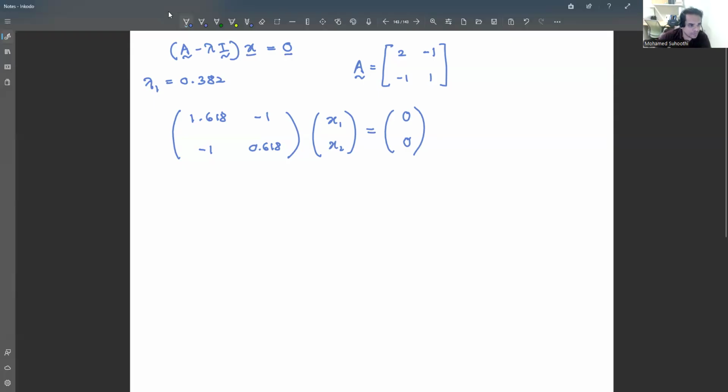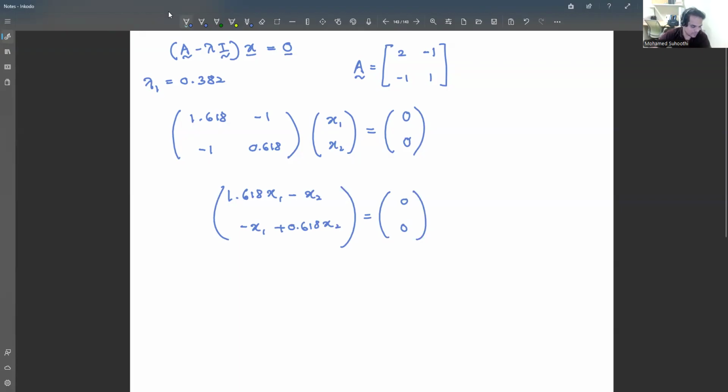If you multiply this one, 1.618 x1 minus x2, and here minus x1 plus 0.618 x2. This equals 0, 0.